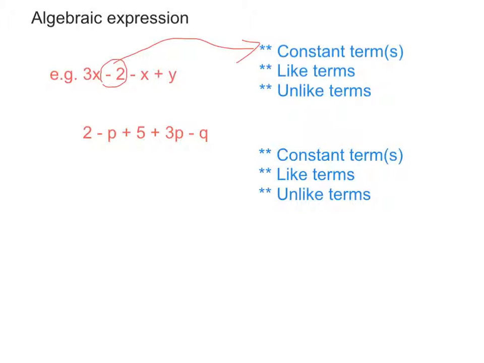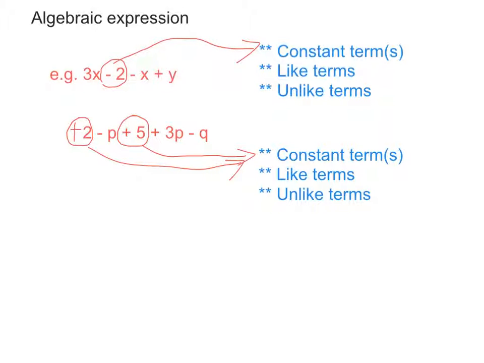Now if we look at the second example, we have 2, nothing in front means it is a positive 2, and this one +5. Together they are called constant terms.